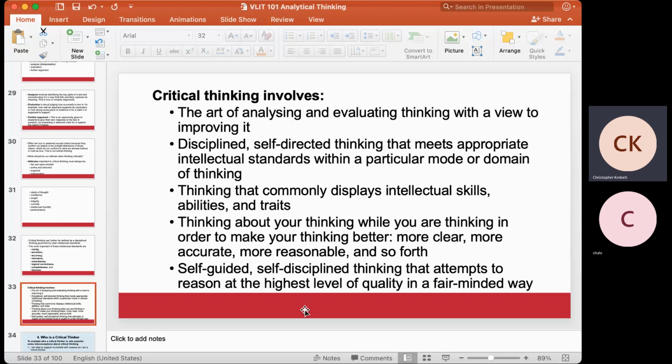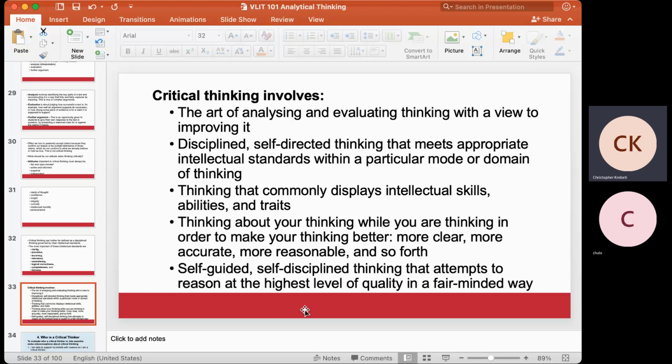Very important. Again, critical thinking involves self-guided, self-disciplined thinking that attempts to reason at the highest level of quality in a fair-minded way. So, as a critical thinker, you are self-guided. Whatever you are saying, you become aware. There are people who say, oh, I didn't think about what I am saying.